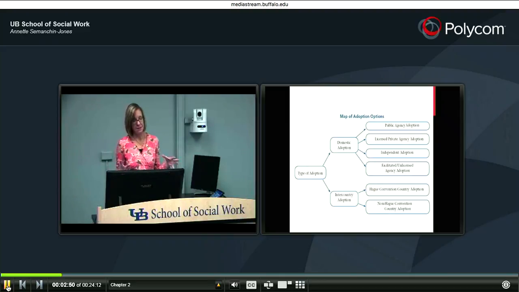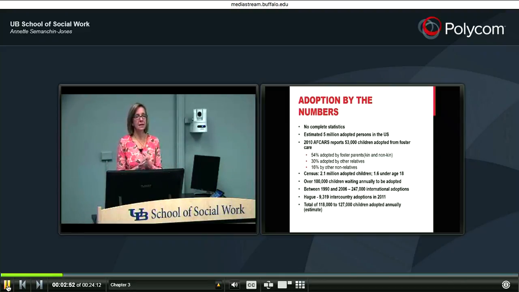To get a sense of adoption, it's actually quite difficult to get exact numbers about adoption. Unlike in child welfare, with kids in foster care, where there's a national data recording system, there's not one database that includes all of these different types of adoption that we just mentioned.